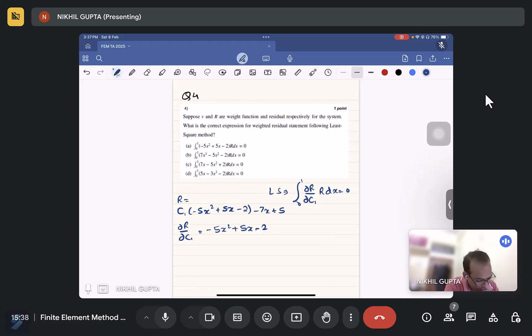We don't need to solve that in this question, we just have to write the statement. So what will be the statement? It will be the integral from 0 to 1 of minus 5x square plus 5x minus 2, times R, which we can write like this. And the solution is 8. Yes, 8 is the solution.